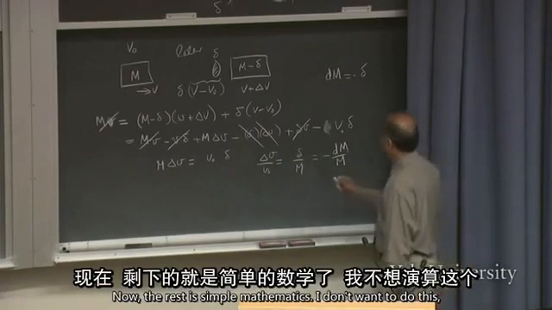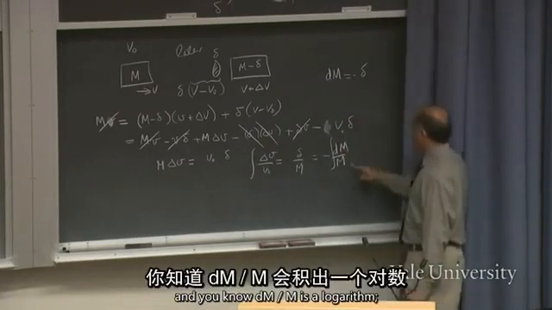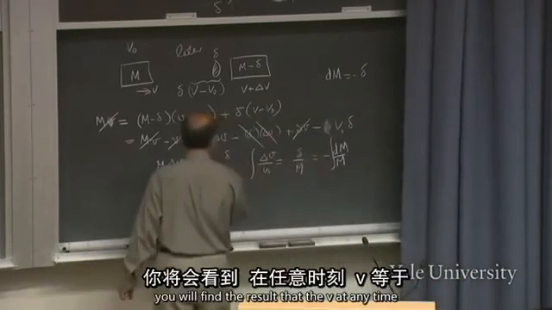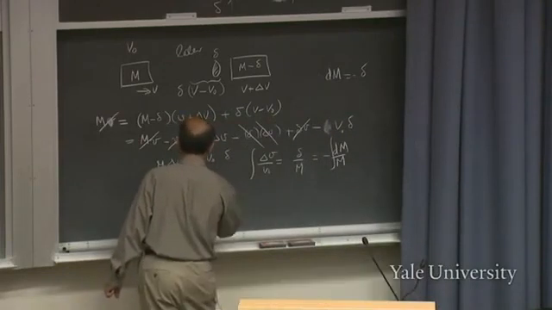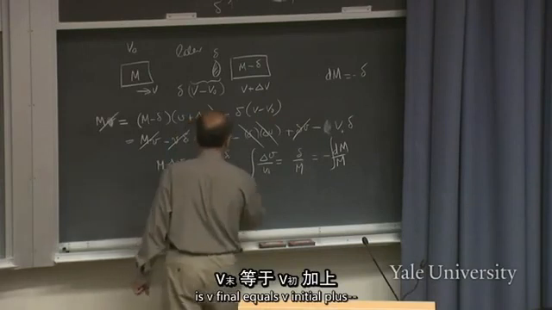If you integrate this side and you integrate that side, and you know dm over m is a logarithm, you will find the result for v at any time.